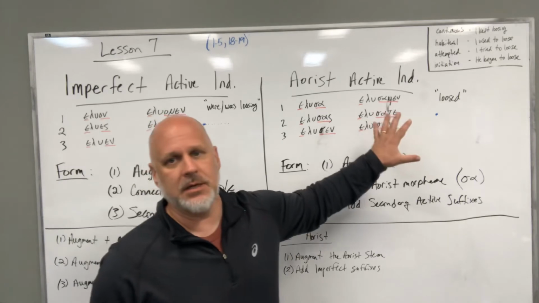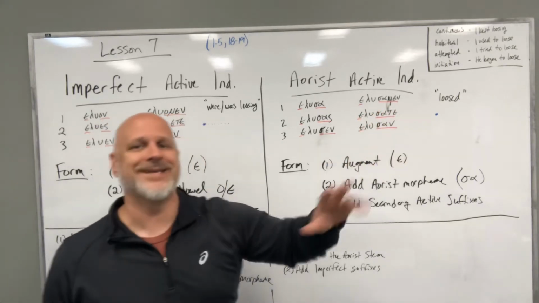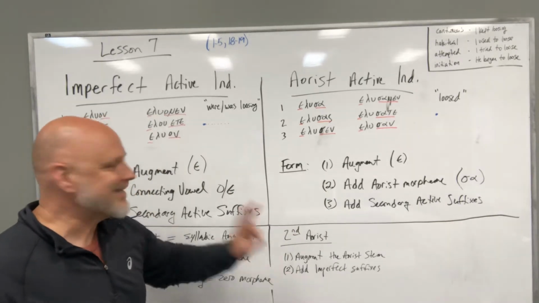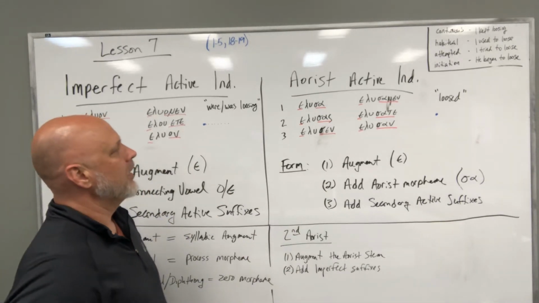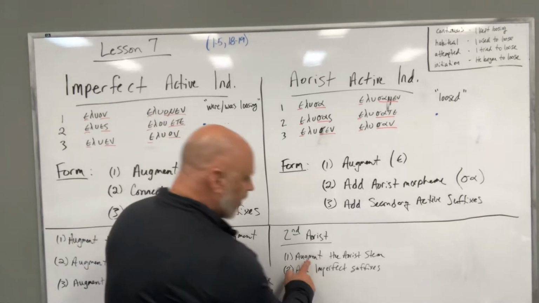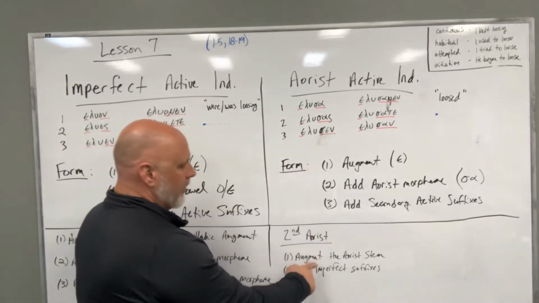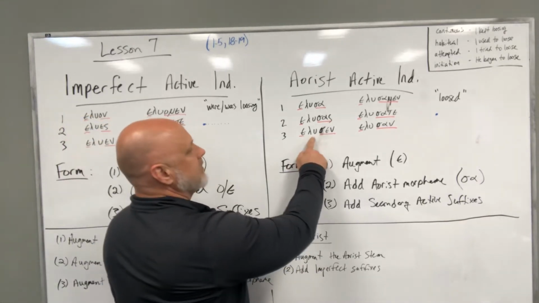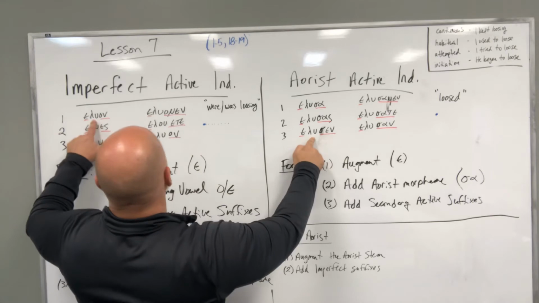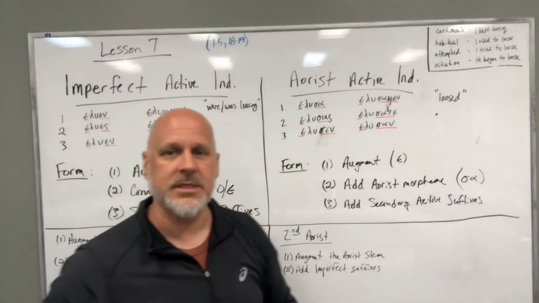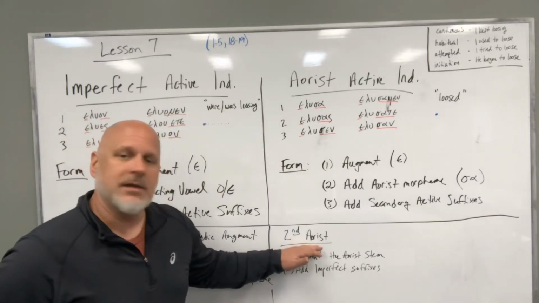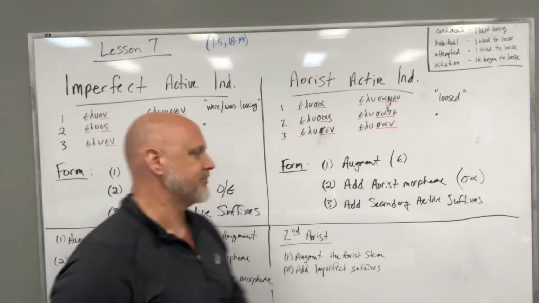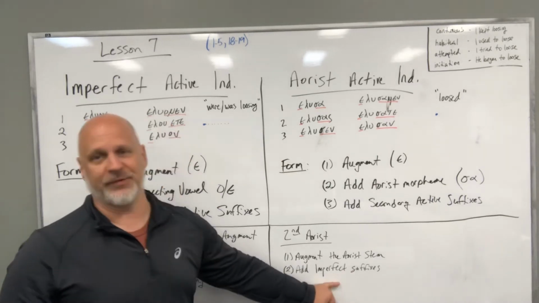You don't see it here because this is first aorist. But in second aorist, for example, I will have the augment, but the augment will be added to the aorist stem. Right now, this is the present tense stem. So I'm adding an augment to the present tense stem. In the second aorist, I'm adding my augment to the aorist stem. And then I add the imperfect suffixes.